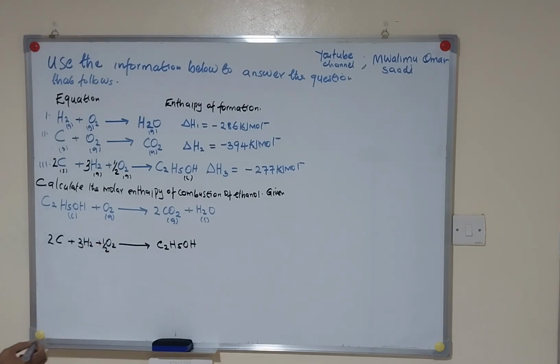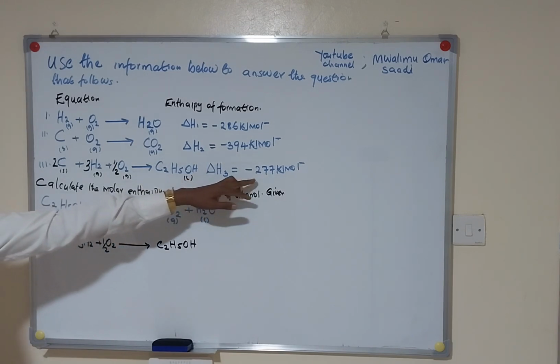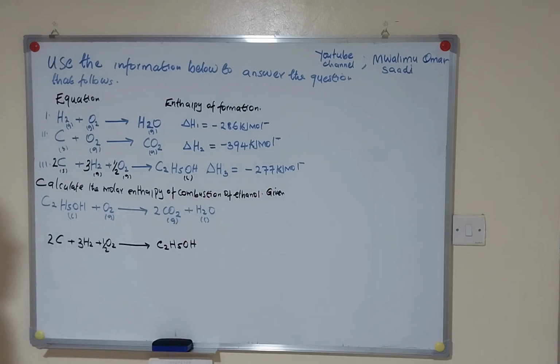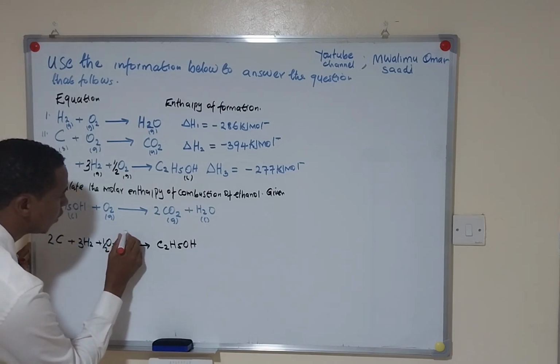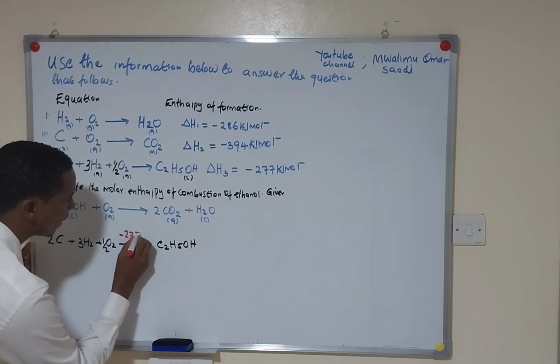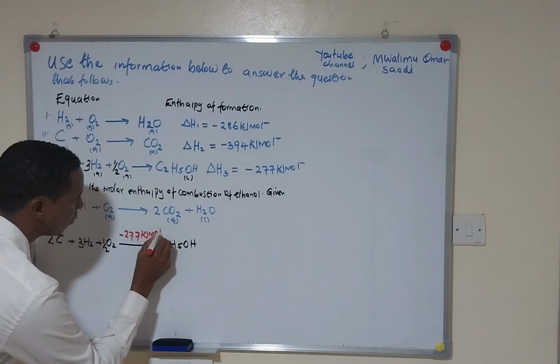In that equation we have got delta H as negative 277 kilojoules per mole. So here we write the enthalpy formation of ethanol is negative 277 kilojoules per mole.